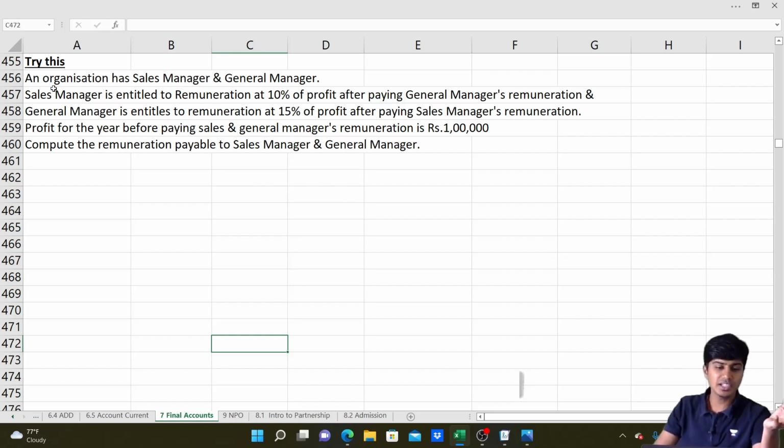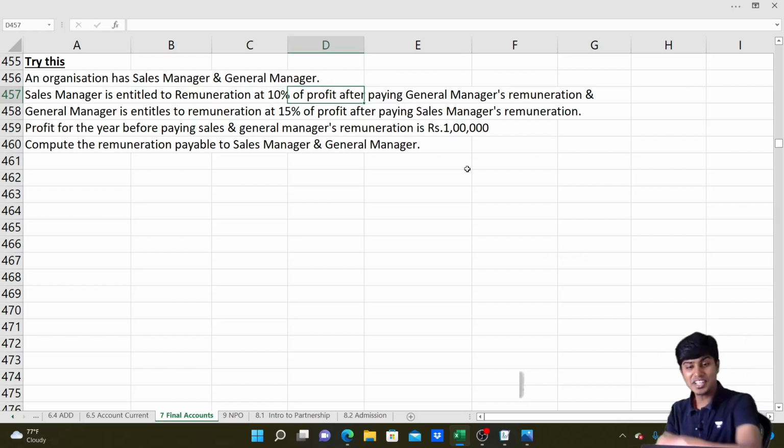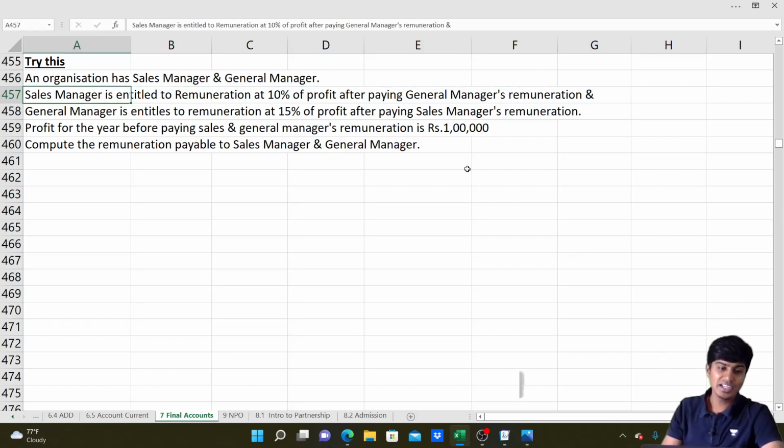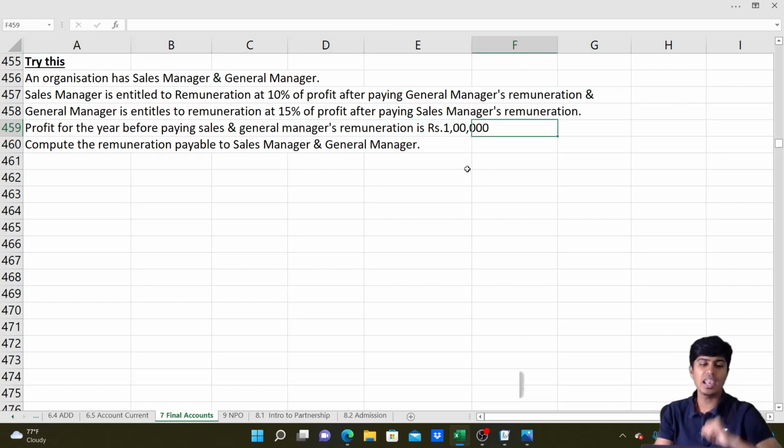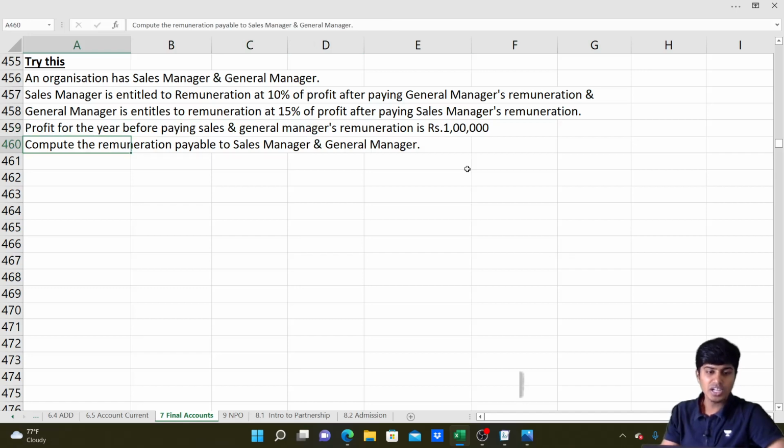The sales manager is entitled to remuneration at 10% of profit after charging the general manager's remuneration, and the general manager is entitled to remuneration at 15% of profit after charging the sales manager's remuneration. Wow. And profit for the year before paying both managers' remuneration is 1 lakh. We are required to compute the remuneration payable to the sales and general manager.